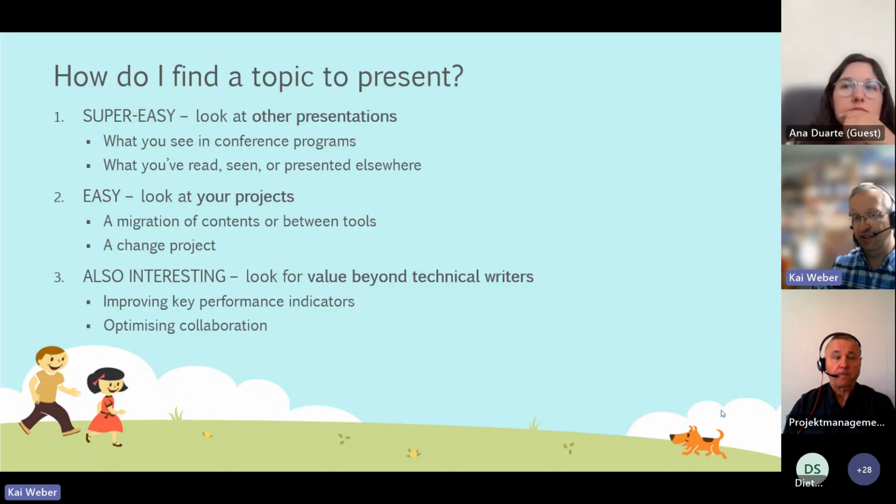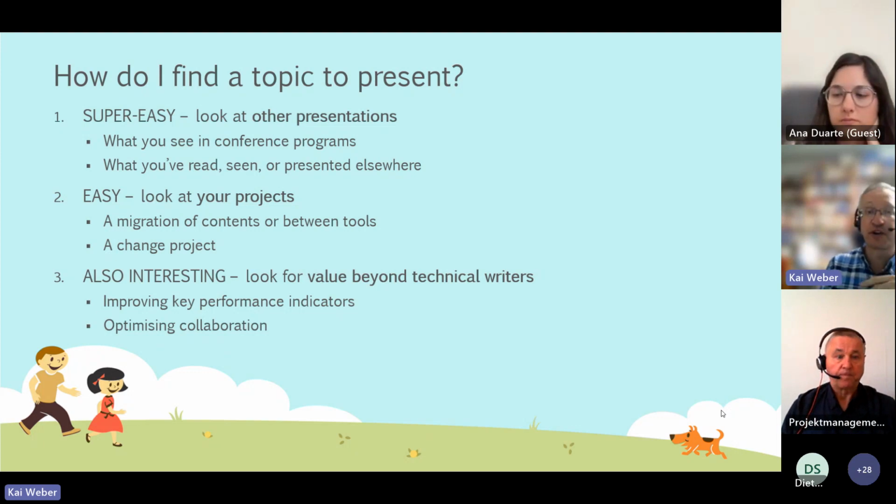So if it's a variation of something that has been in a TCOM conference, that in itself is not a reason not to submit it. So if you just get inspired by what you've seen other people do at TCOM or elsewhere, that's a totally good idea. The good thing is if it has appeared at TCOM, usually you can tick some of the boxes I'll talk about later, like what is a valuable proposal.